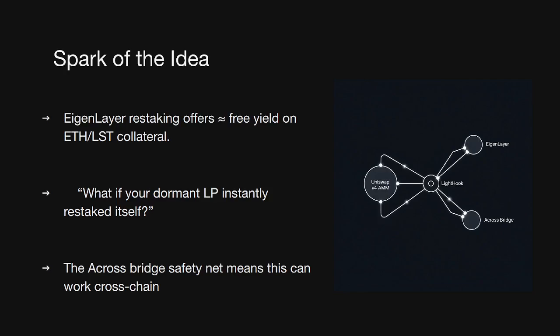So I thought, why not a hook that can do this for you automatically, and we also have support for a cross-chain bridge. That's how we got the lightHook idea.